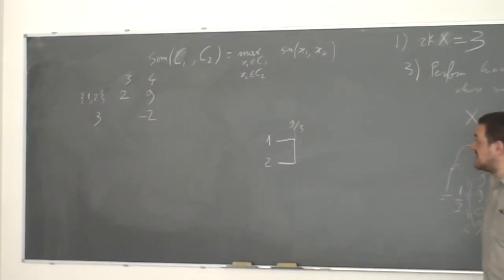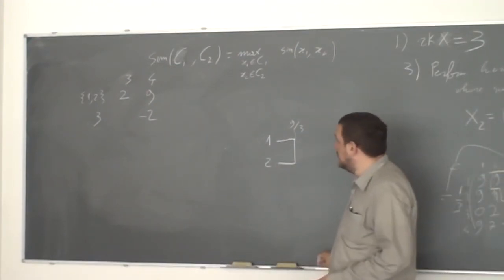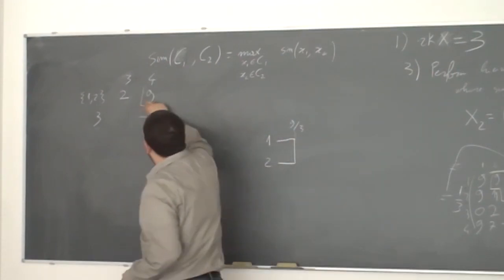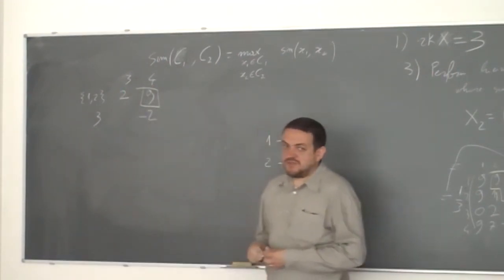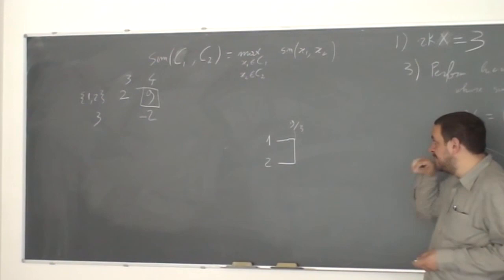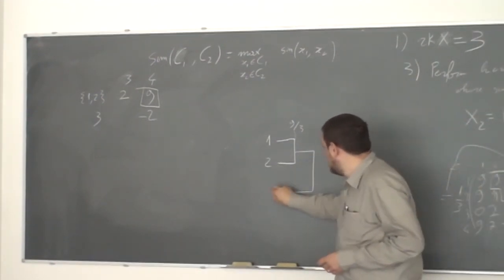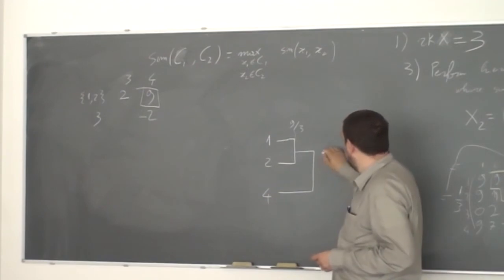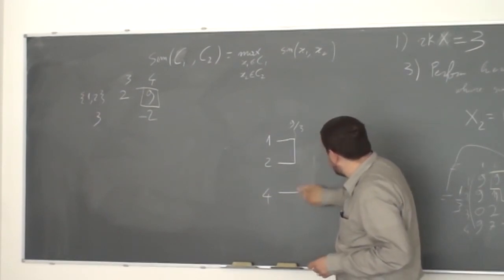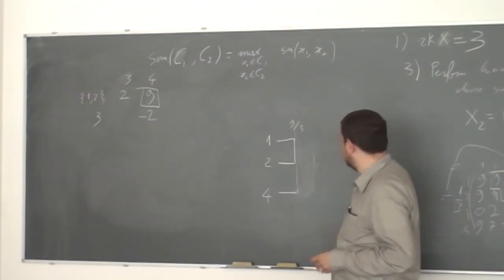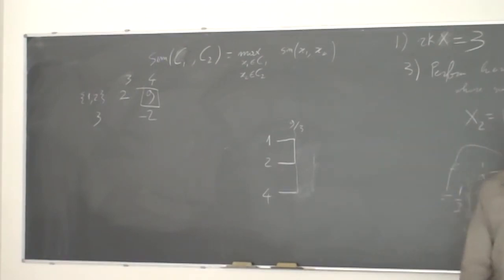So in the next step, we're going to merge the cluster 1, 2 with the element 4, and again at the same similarity level actually, 9/3.